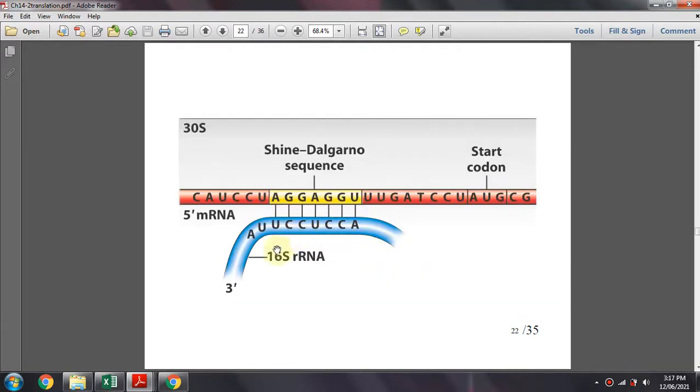See, this is 16S rRNA and this is Shine-Dalgarno sequence. Here is the start codon present on mRNA, AUG. Okay. So this 16S rRNA and Shine-Dalgarno bind with one another, which helps in binding of ribosome smaller subunit to the mRNA.